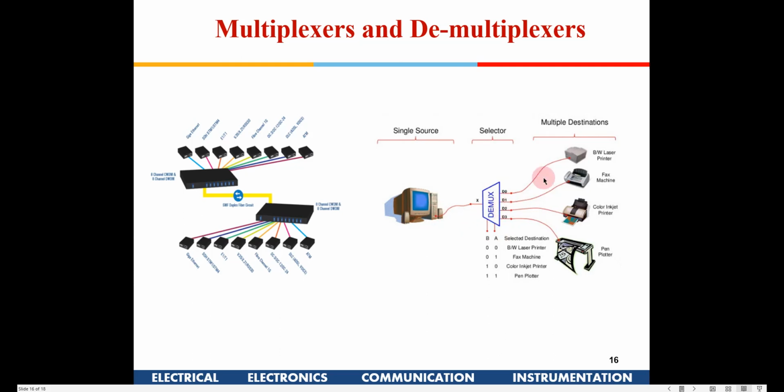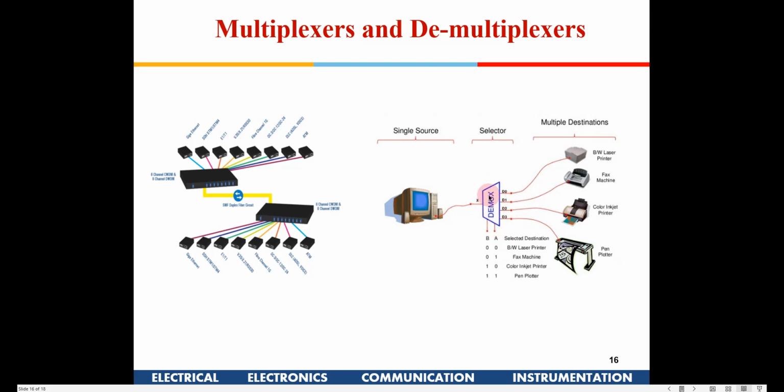Similarly, you have a single PC but you have several peripherals, right? So you use a demux. Demux is again exactly opposite of multiplexing. You have one single line, you have 0 0, then this will be connected to here. If you have 0 1, this will be connected here. If you have 1 0, it will be connected here. So you will have a single output coming here, with a demultiplexer within your PC, because there is a single processor.